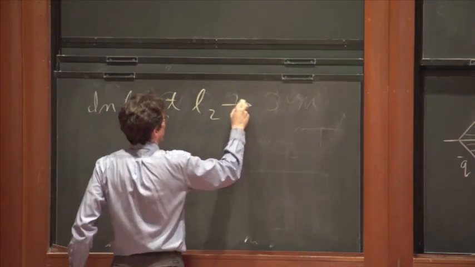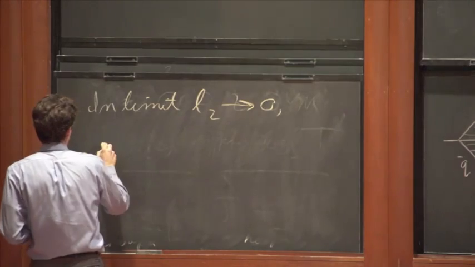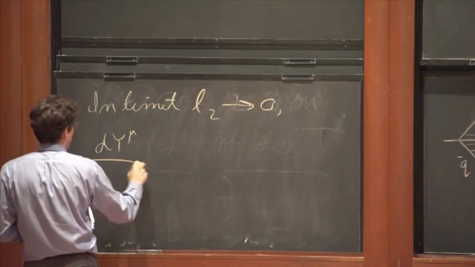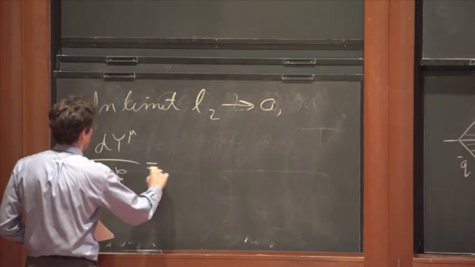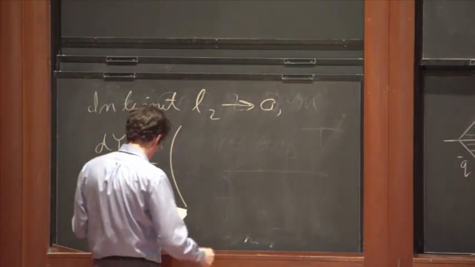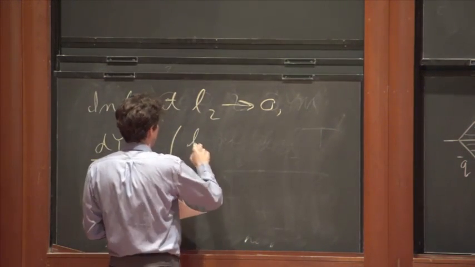Well, in this limit, the x2 direction goes away, so let me just write the expressions for x0 and x1.